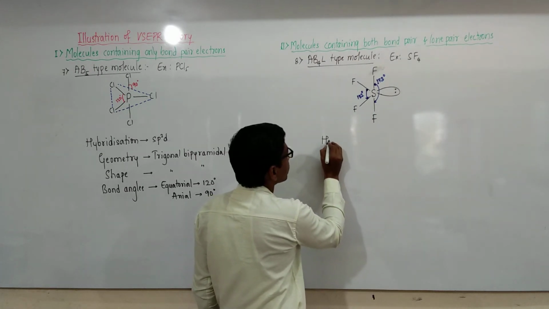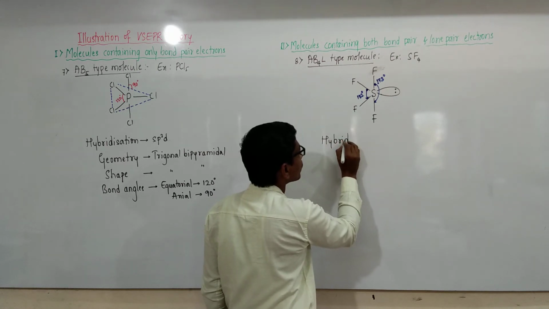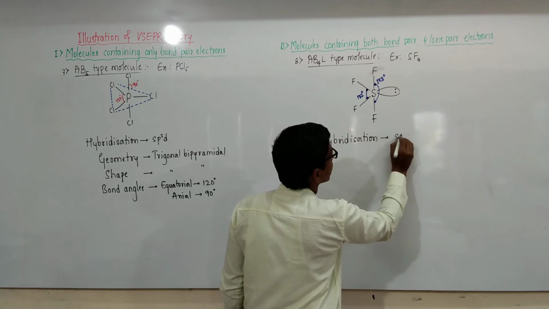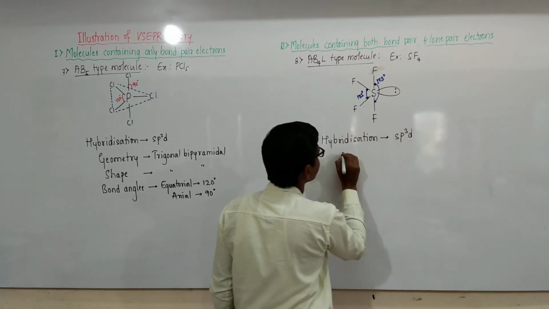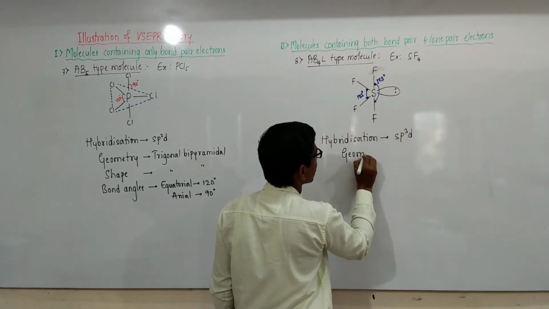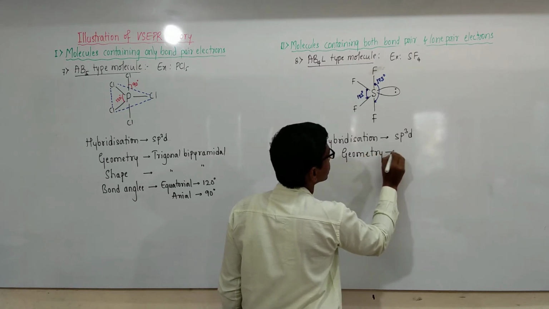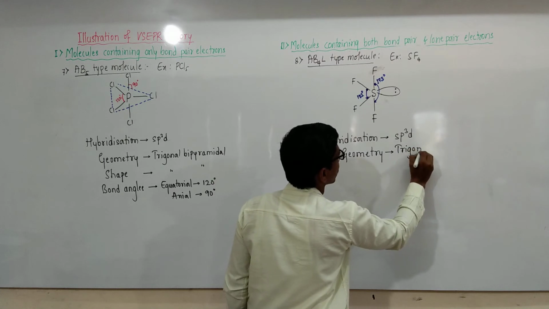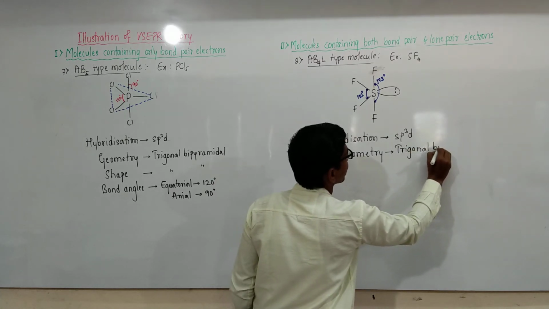Then the hybridization of the central atom is sp3d. Geometry is trigonal bipyramidal.